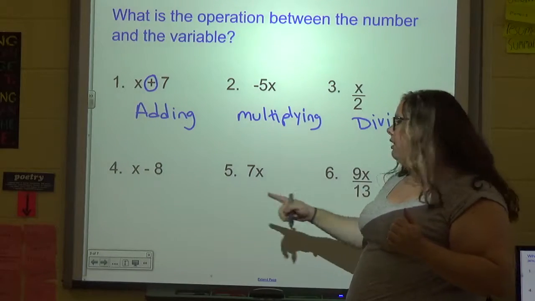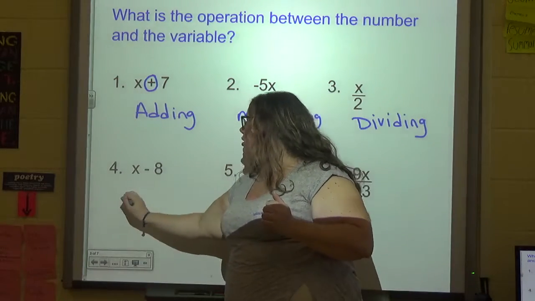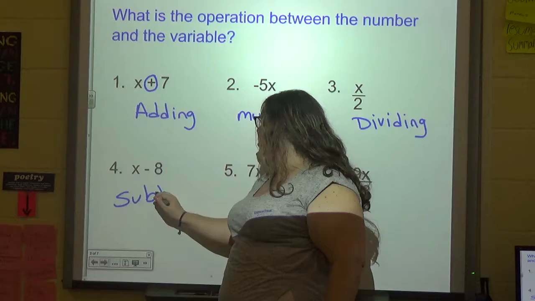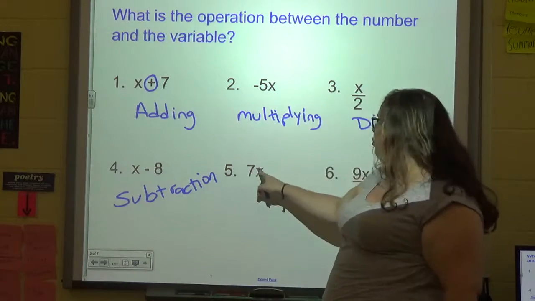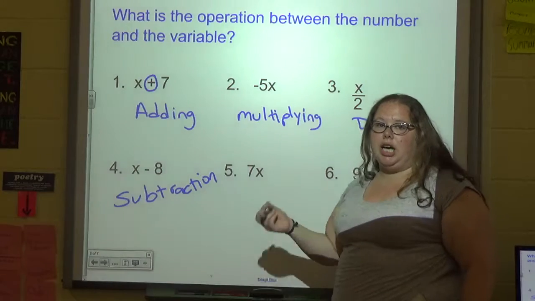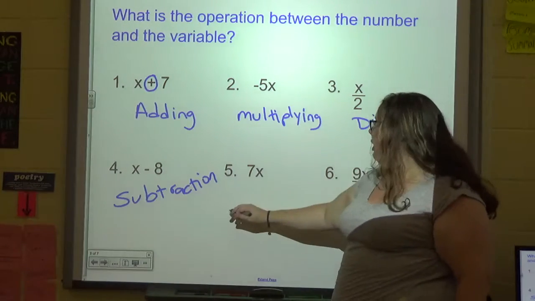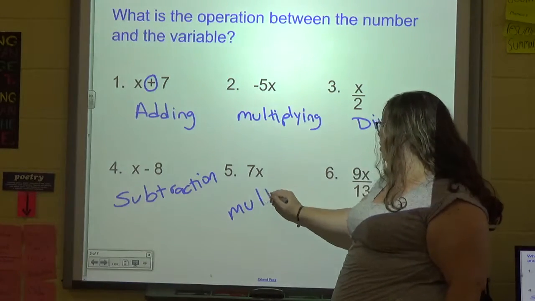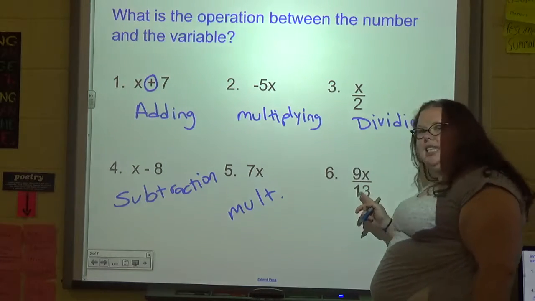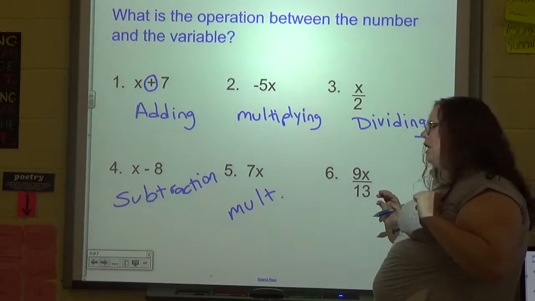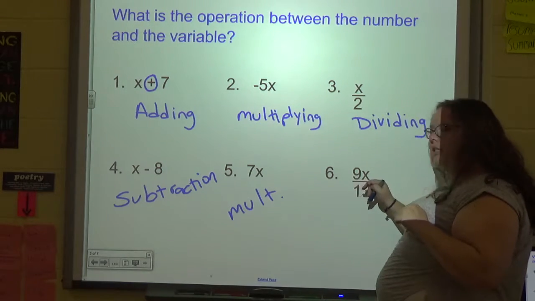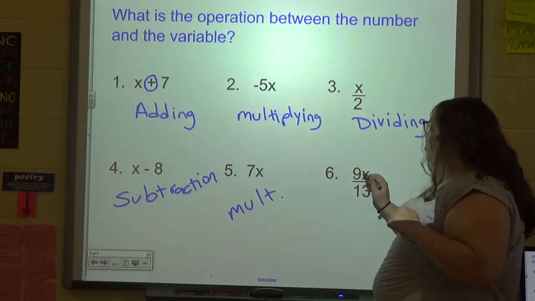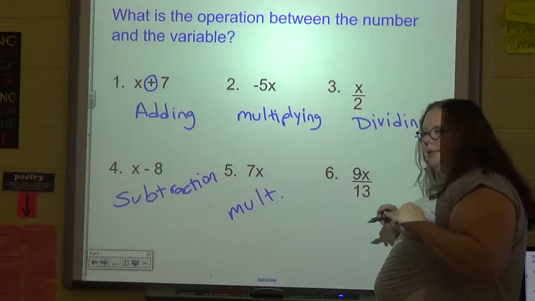X minus 8, I see that subtraction. Again, when a number and a letter are touching, that means they're multiplying. And lastly, this one, there are multiple answers you could say here. Typically, there's a line, so it's dividing, but it's also multiplication because it's 9 times x.